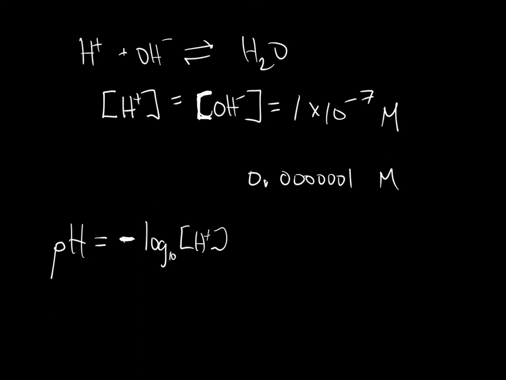The difference between 0.1 and 0.0000001 is a big difference. So anytime we talk about differences in pH, you have to realize that we're talking about it on a logarithmic scale.